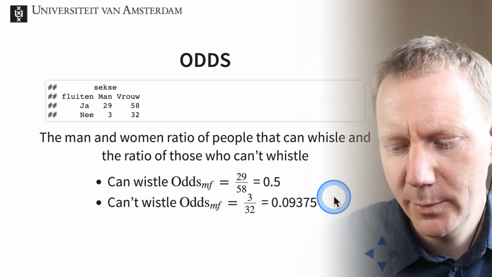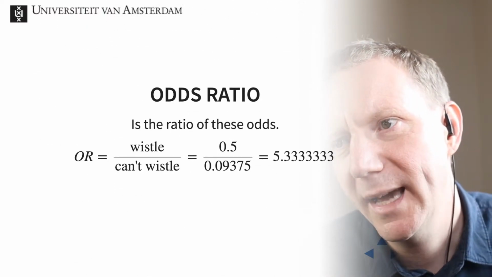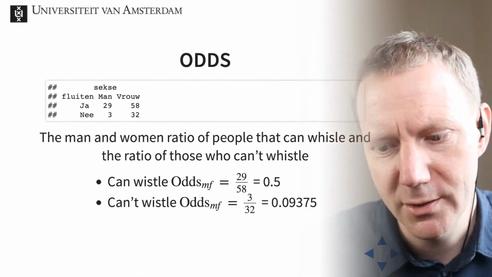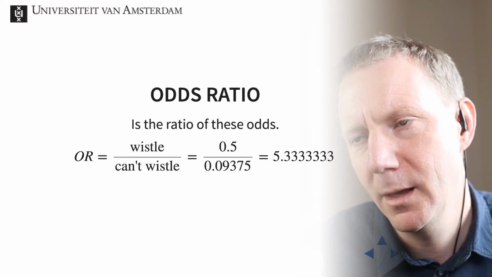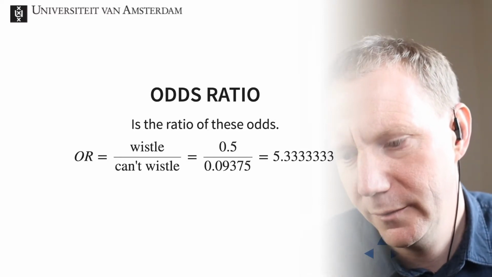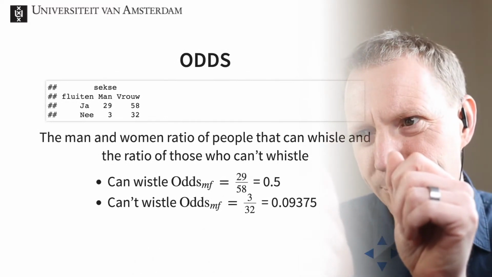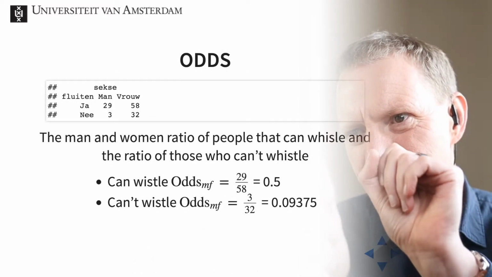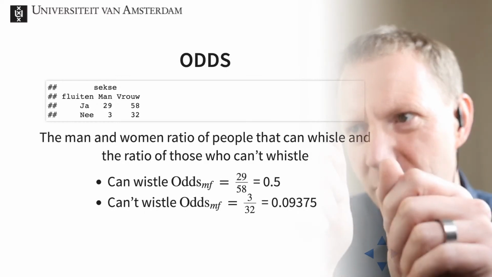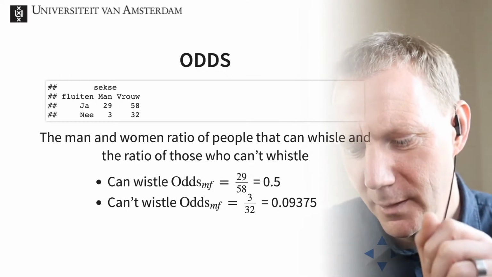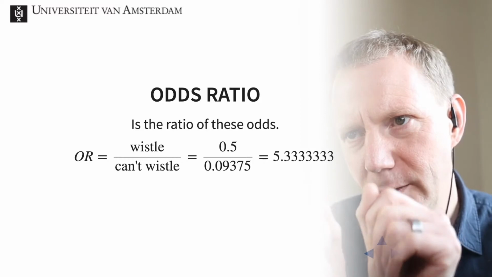But then he isn't done yet, because he makes the next step here, where he's actually looking at the odds of those odds. So my odds ratio here is a ratio of the relation between people that can whistle, the ratio of men to women, versus the ratio of men to women that can't whistle.